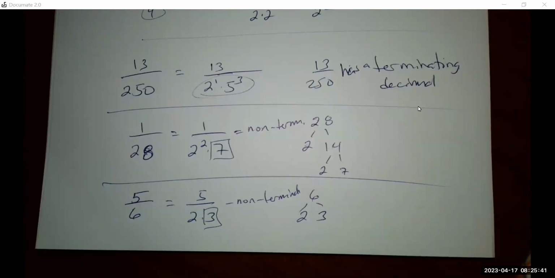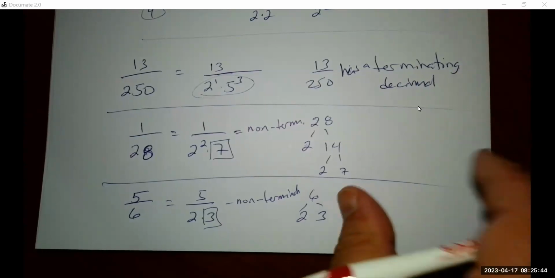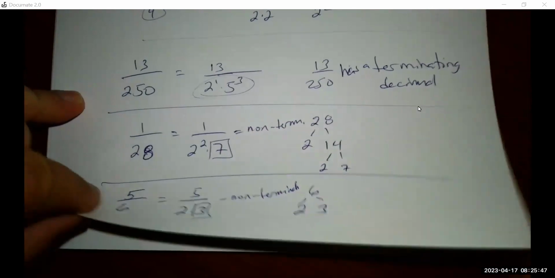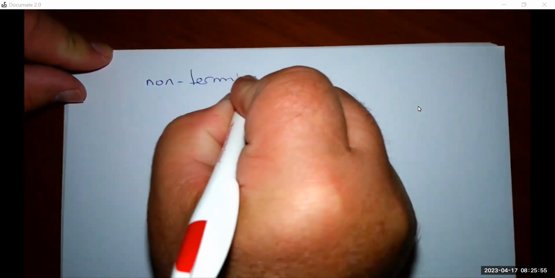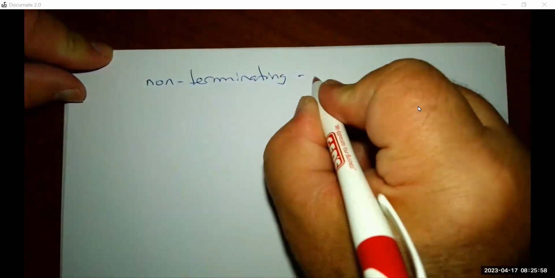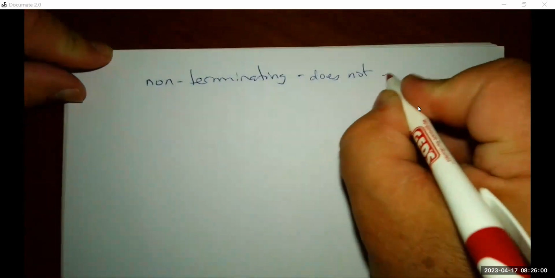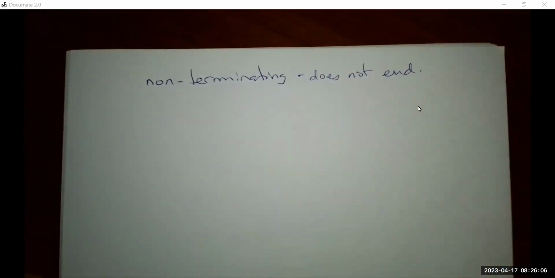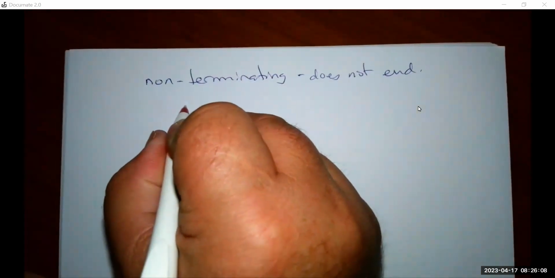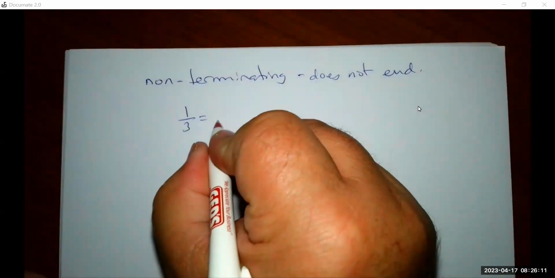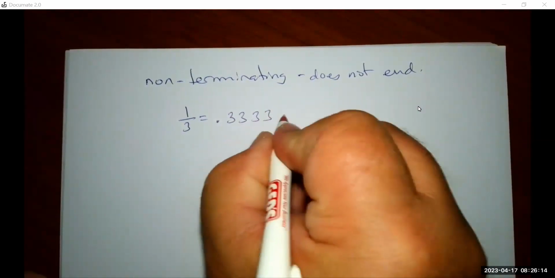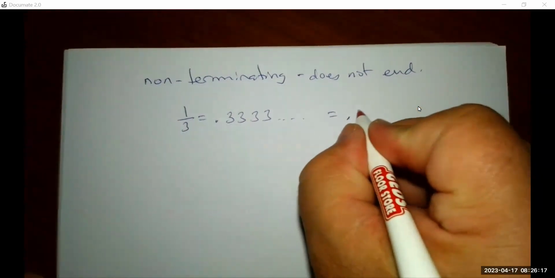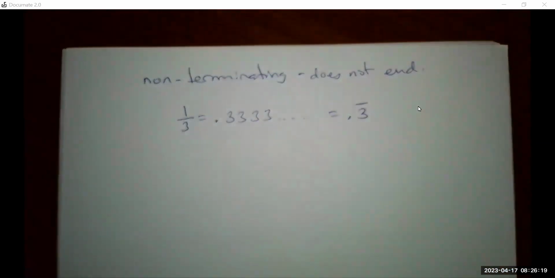So what do we mean by non-terminating? Non-terminating does not end. That could be 1 over 3. Could be 0.3333 forever, which we'd write 0.3 bar.